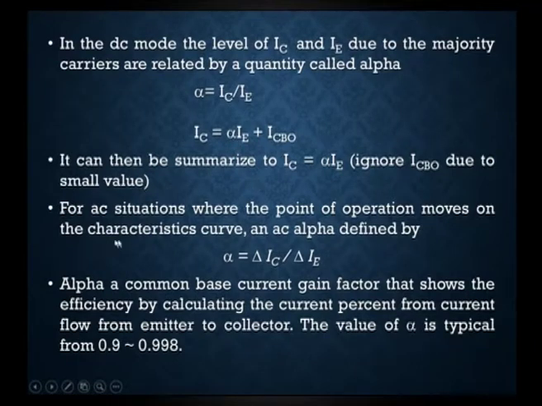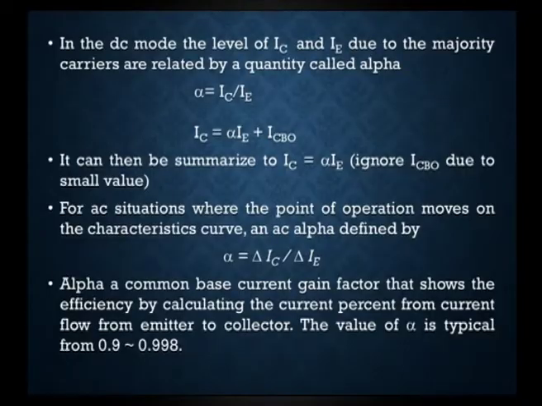And also for the AC situation, where the point of operation moves on the characteristic curves, AC alpha is defined by delta IC divided by delta IE. So, this is the ratio between a small change of IC and a small change of IE.